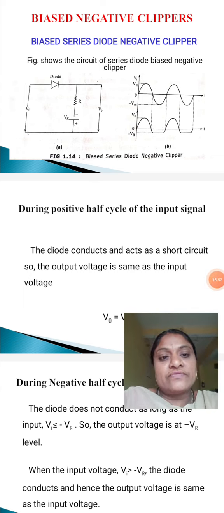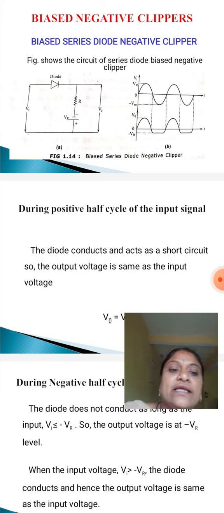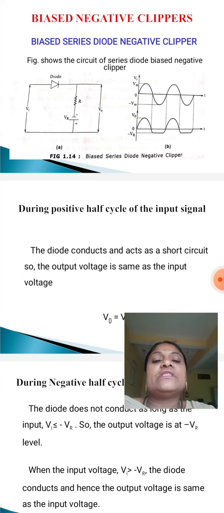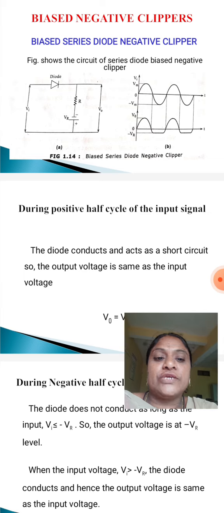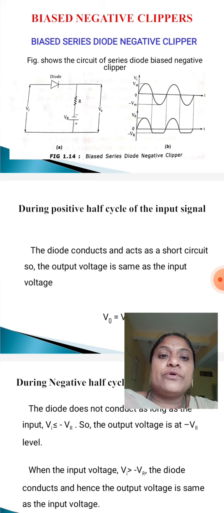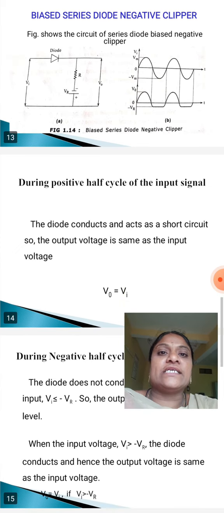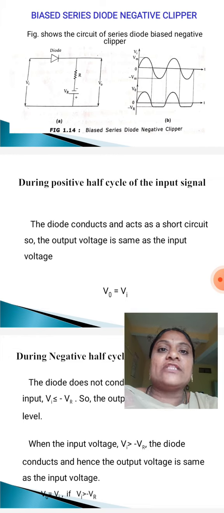During the positive half cycle of the input signal, observe this waveform and this circuit also, the diode conducts and acts as a short circuit because the diode is in forward bias. The cathode is connected to negative through the resistor and the anode is connected to positive.